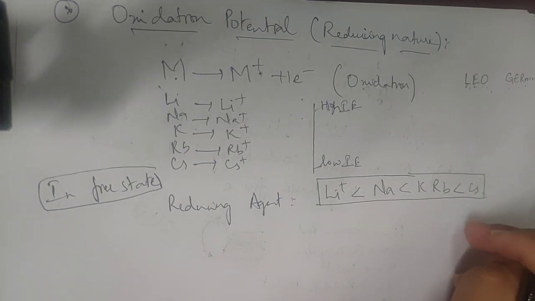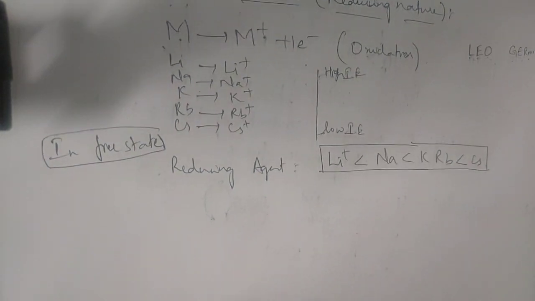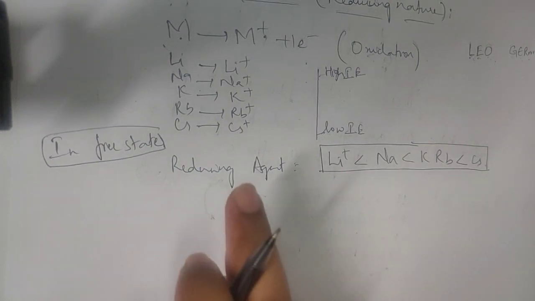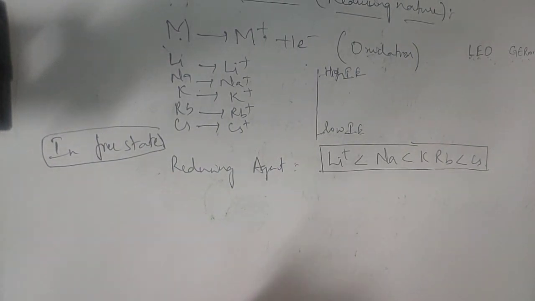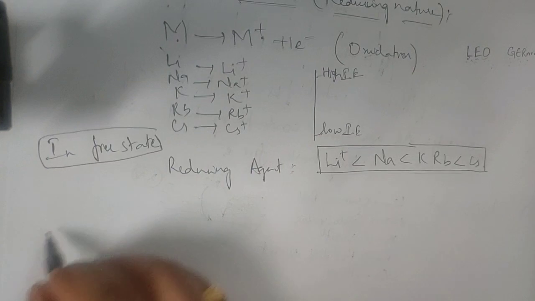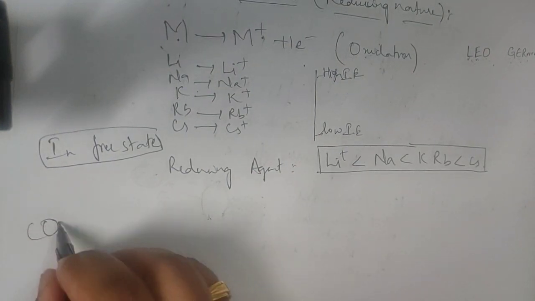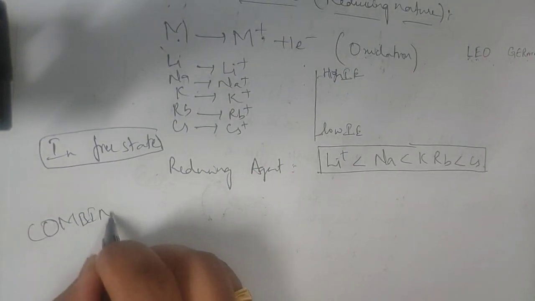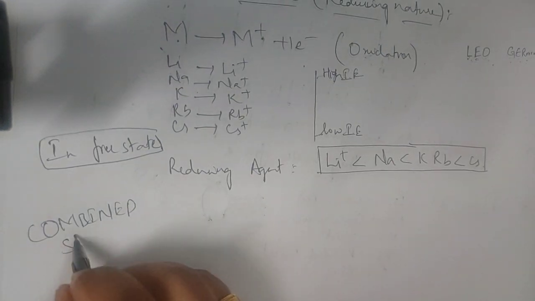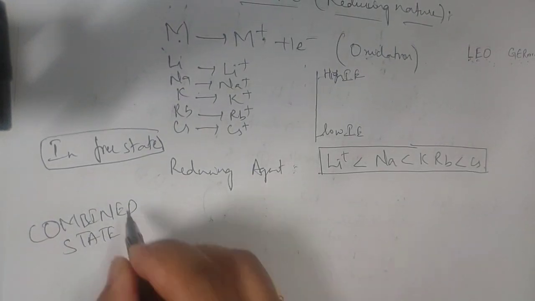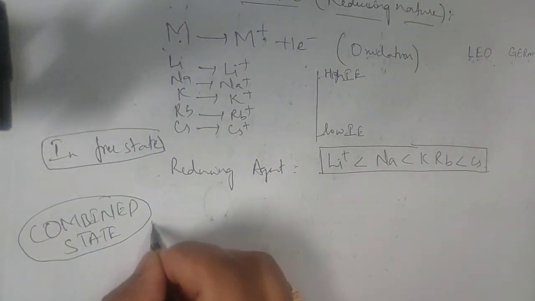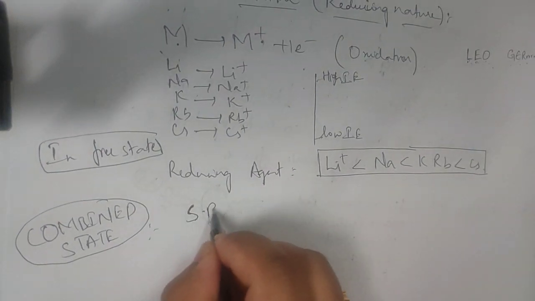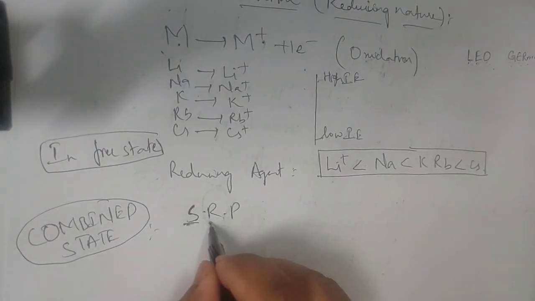But in our exam it is never asked which is the reducing agent in the free state. It is always asked about the combined state only. Whenever you talk about the combined state, which one is a strong reducing agent is decided by SRP, standard reduction potentials.